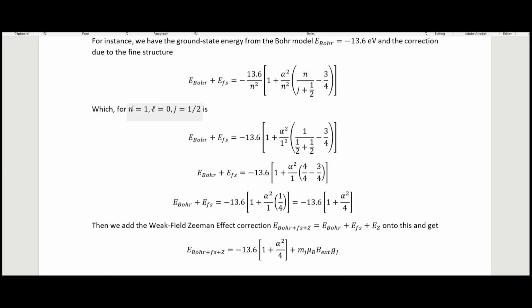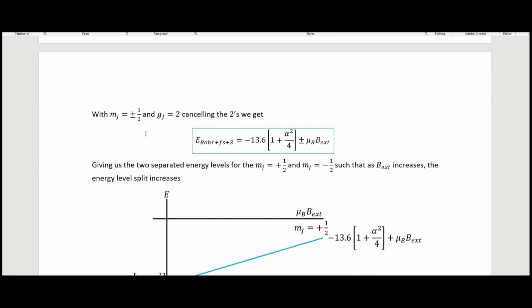So when we look for n equals 1, L equals 0, and J equals 1/2, we end up with this right here. So we end up with this as our energy for the Bohr plus the fine splitting plus our Zeeman effect.